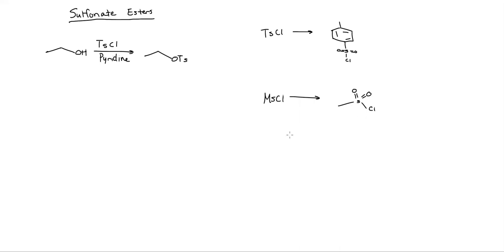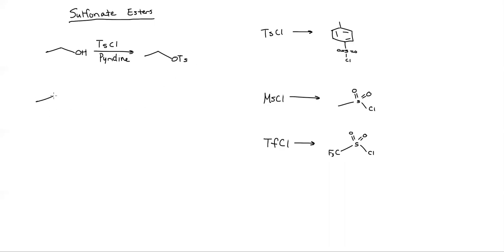And we can also use triflyl chloride, TfCl. TfCl looks very similar, except that this is a CF3 now instead of a CH3. Other than that, it is identical. All of these things are going to do the same thing. So if we used MsCl here, this would be OMs, right?